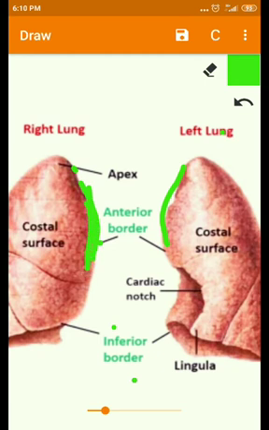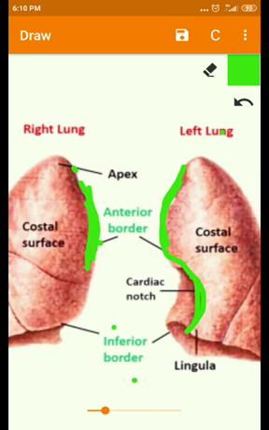And on the left side, the anterior border of the left lung shows a wide cardiac notch below the level of the fourth costal cartilage. The heart and the pericardium are uncovered by the lung at this region.